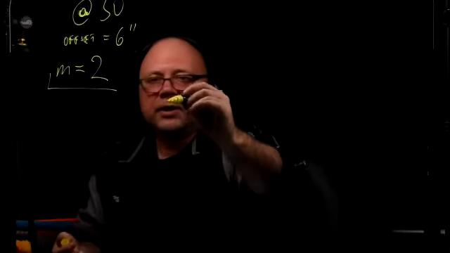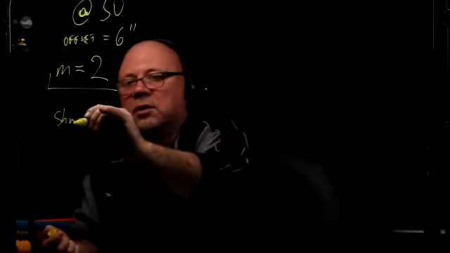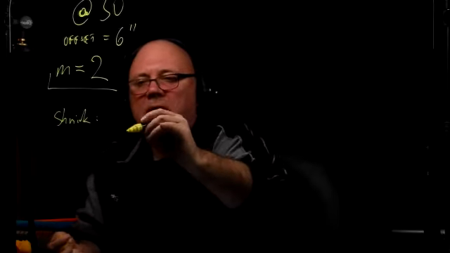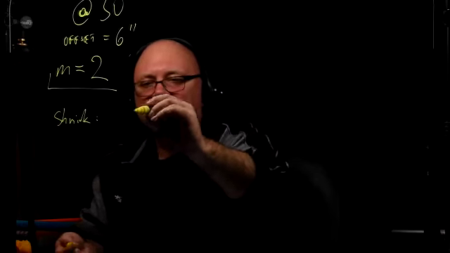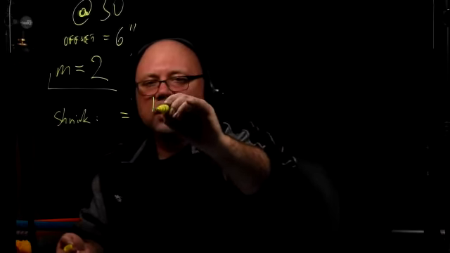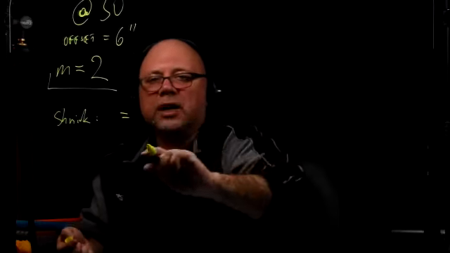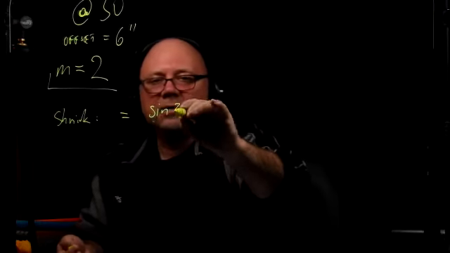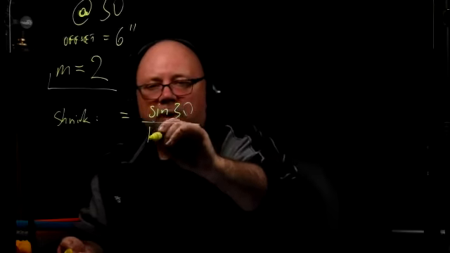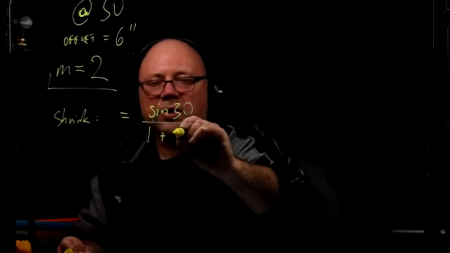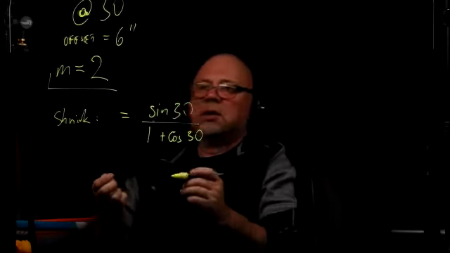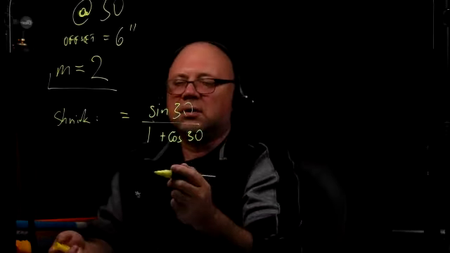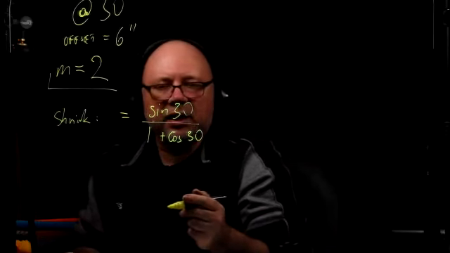All right. Now let's do the shrinkage. We still have a couple of minutes. The shrink equals sine of 30 divided by 1 plus cosine of 30. We just did that, right? I just erased that here.